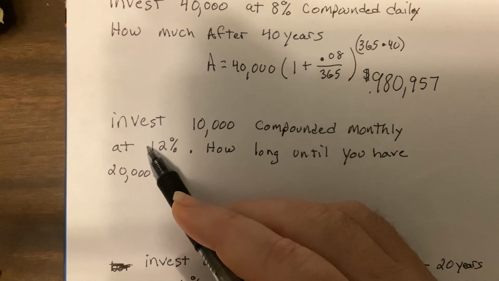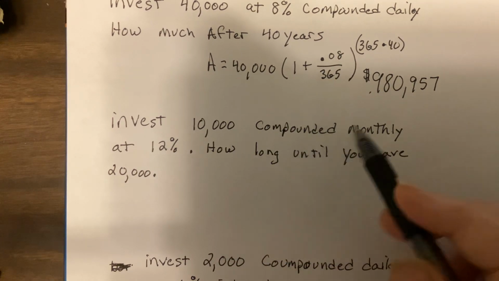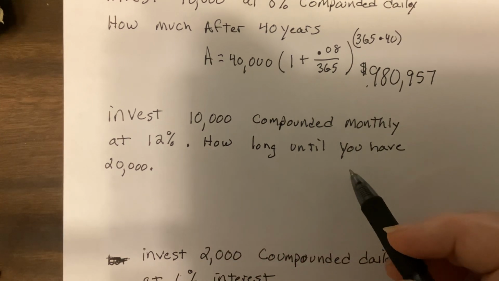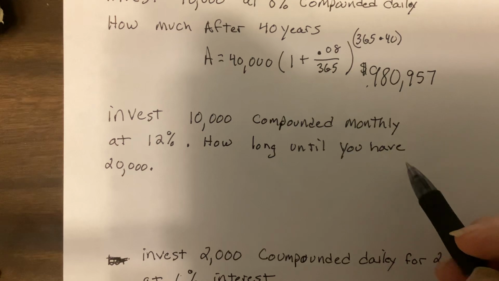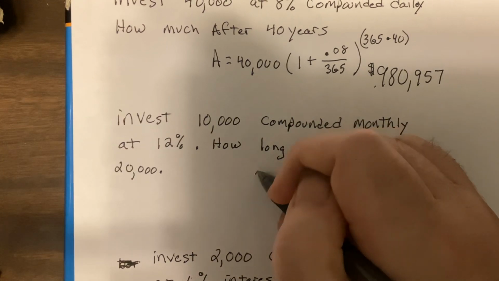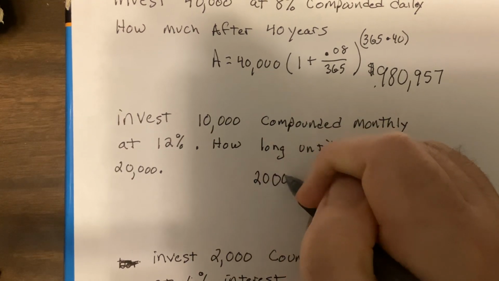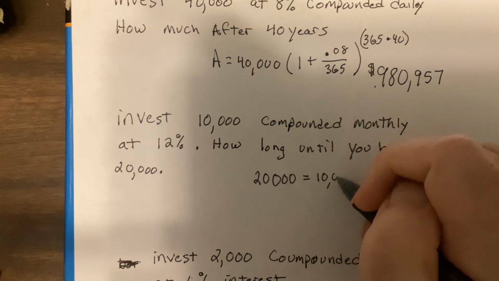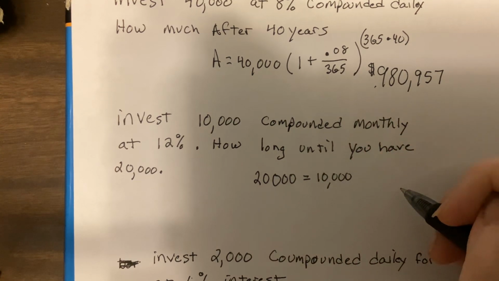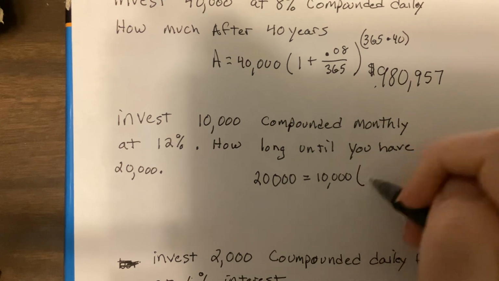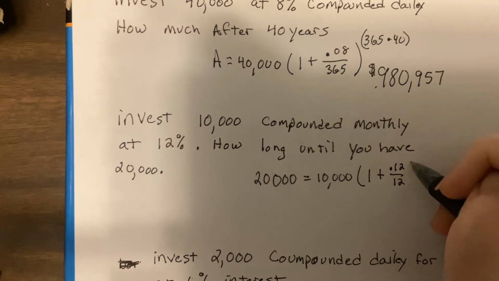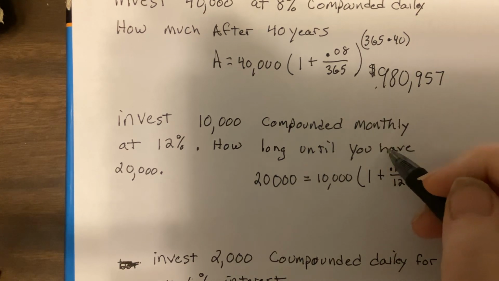Okay, what if we want to invest $10,000 compounded monthly at 12%? How long would you have to go to get 20,000? So 20,000 equals 10,000 times 1 plus 0.12 divided by 12, because monthly would be once a month.